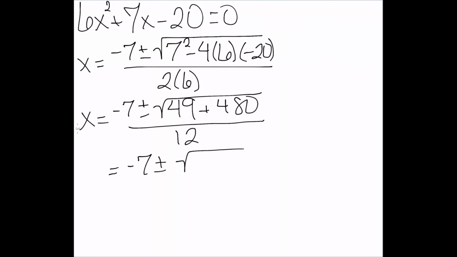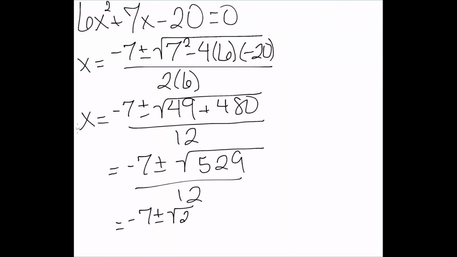So I have negative 7 plus or minus the square root of 529, divided by 12. We can actually take the square root of 529 and get 23. So this is negative 7 plus or minus 23 over 12, which can simplify.